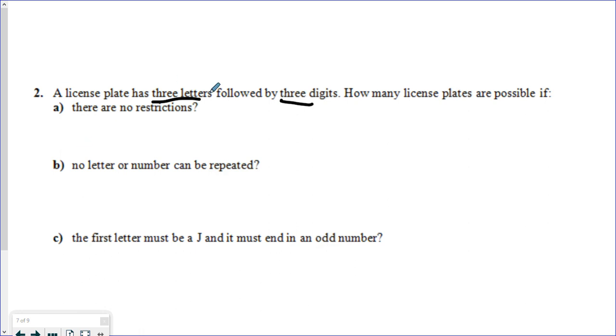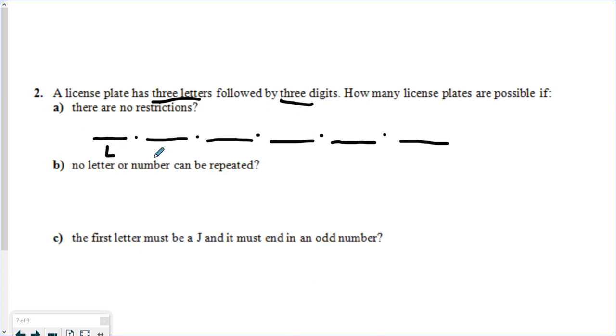We're just going to do it based on the old ones, and then we can talk about why it's now 3 by 4. A license plate back when I first started driving, unless you had a specialty plate or a vanity plate, had 3 letters at the beginning followed by 3 numbers.